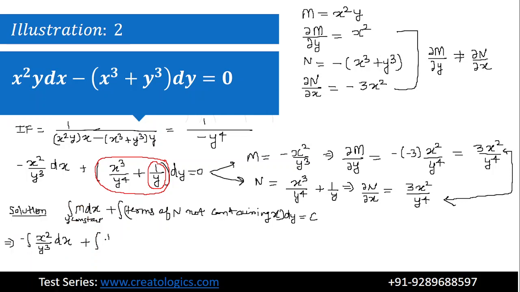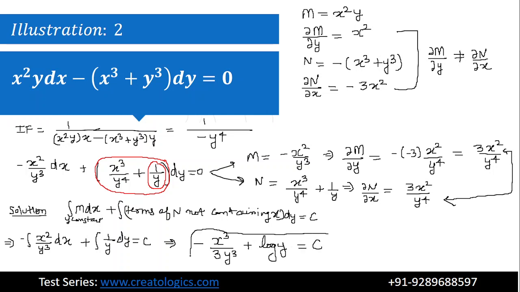So I get 1 by y dy is equal to c. Integrating x square, we get x cube by 3, and y cube is kept the same, plus integration of 1 upon y is nothing but log y is equal to c, and hence this is your final solution. Minus of x cube upon 3y cube plus log y is equal to c is your final answer.